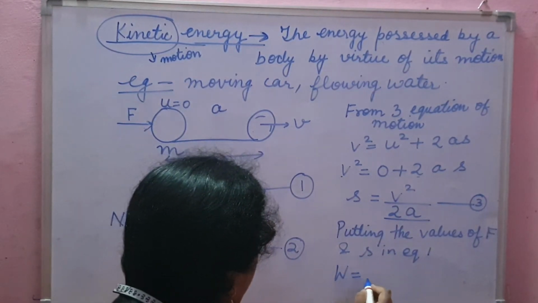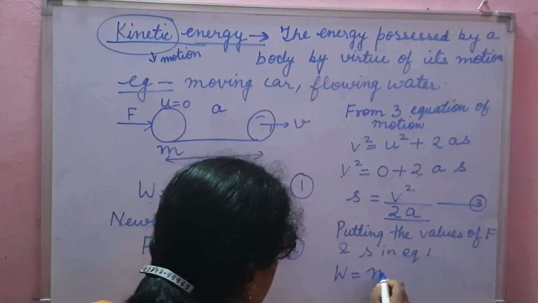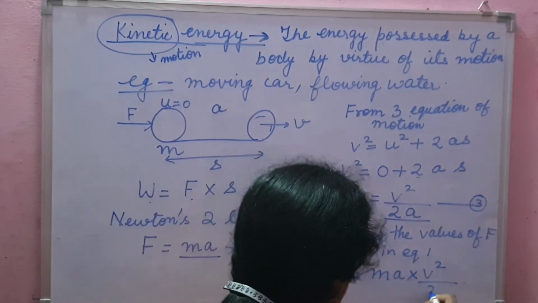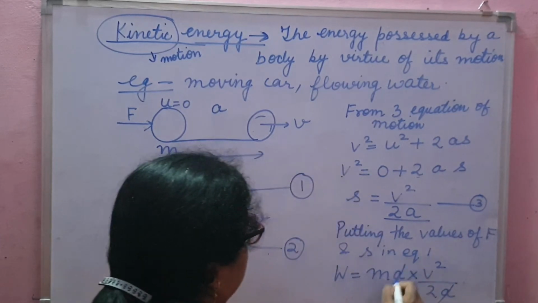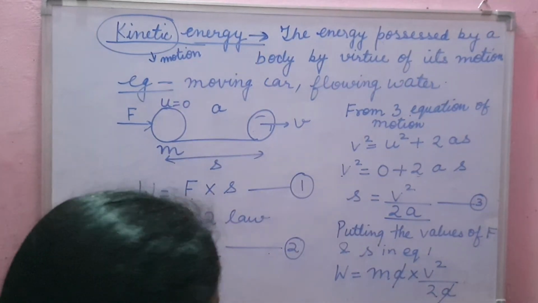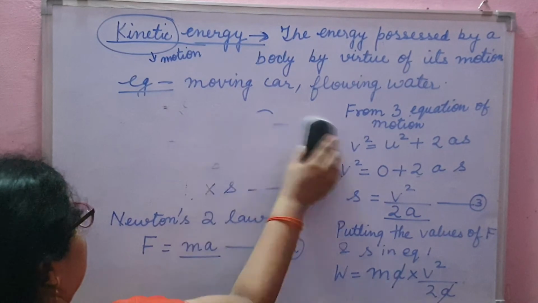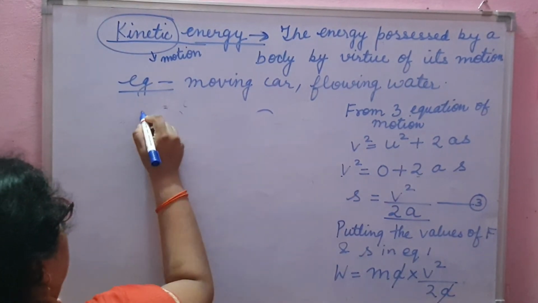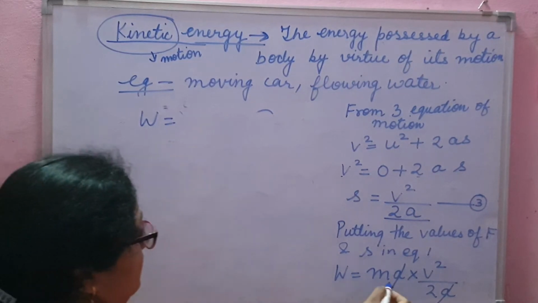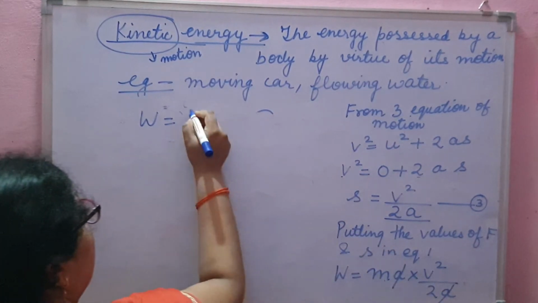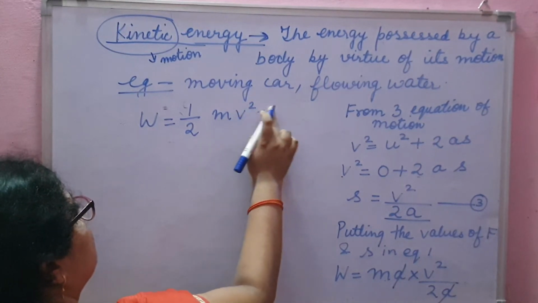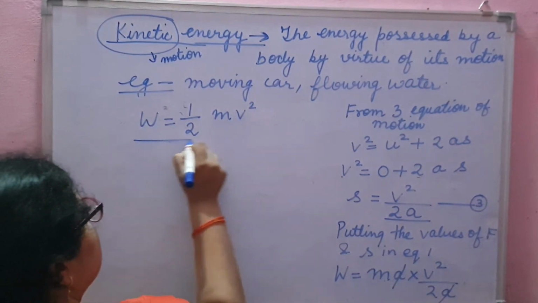W is equal to F, which is ma, into s, which is v square upon 2a. Now this a will cancel, and we will get W equal to mv square by 2, or half mv square. So this is the work done.